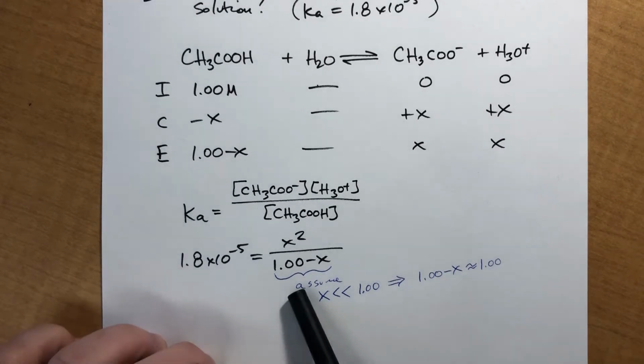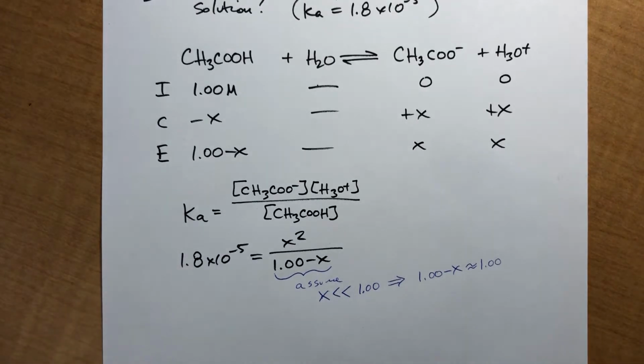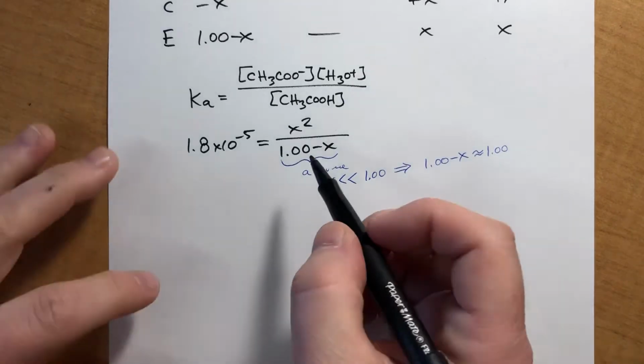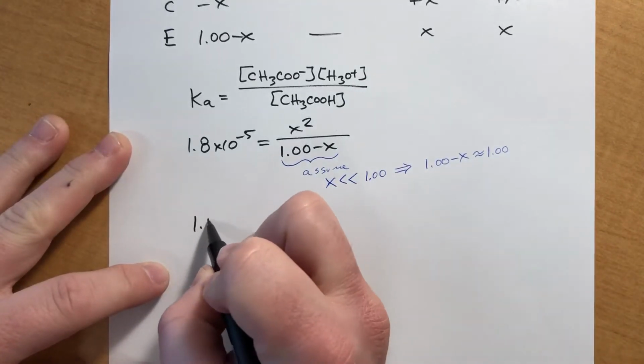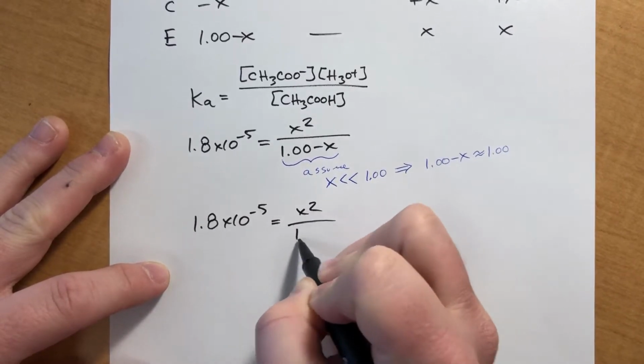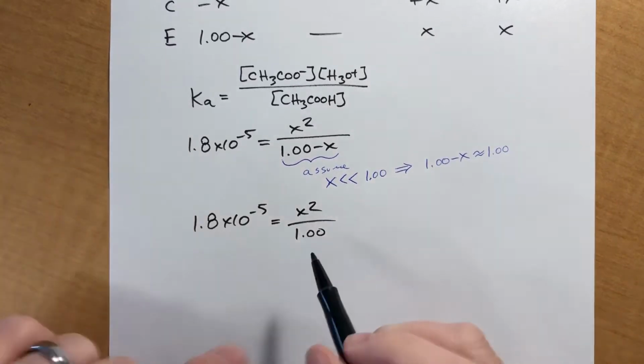This is not always going to be true, and it's going to get complicated when it's not, but for this problem, we're going to assume it is, and then we'll have to check our assumption at the end. So if we make this assumption, we get 1.8 times 10 to the negative fifth is equal to x squared over 1. Well, that makes life a whole lot easier.